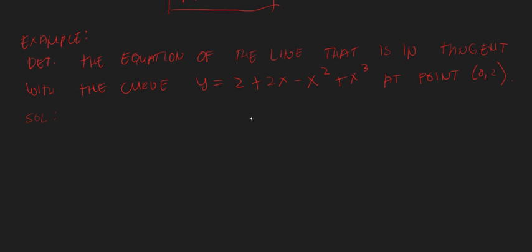But in this case, because the point is (0, 2), if the abscissa is 0, then your ordinate is equivalent to your y-intercept. So we can actually use the slope-intercept form, which is y equals mx plus b. Our b here will be just equal to 2, because the function is 2 when x is equal to 0.